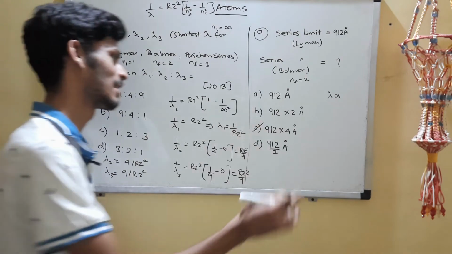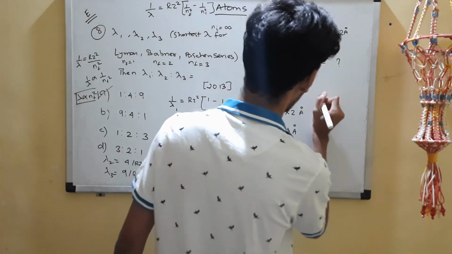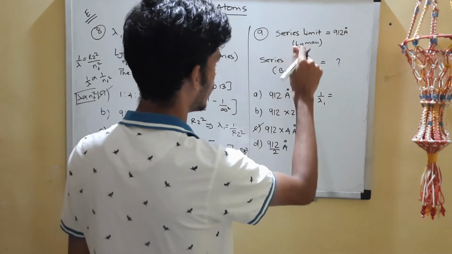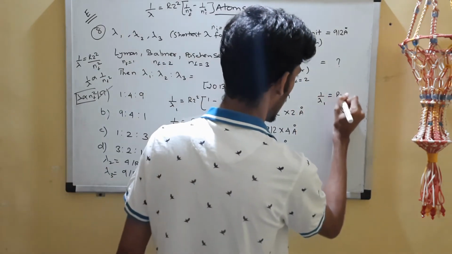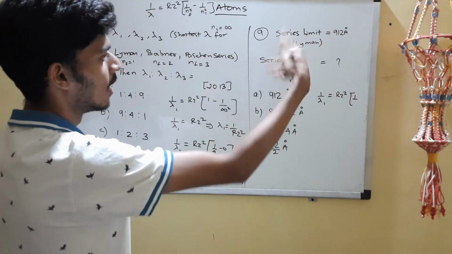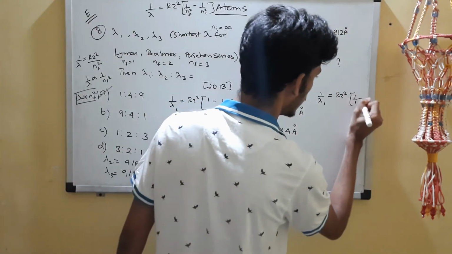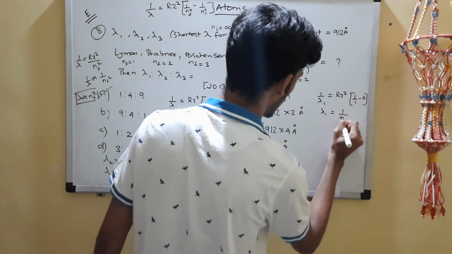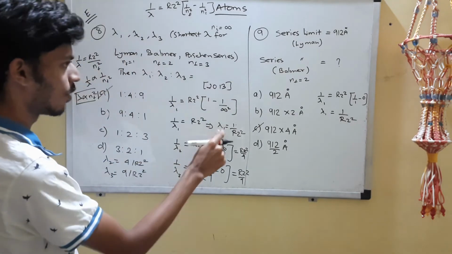For those who are scratching their head, let's do it again. So 1 by lambda 1, we'll say the series limit for this one, is Rz square into 1 upon, for Lyman series n final is 1, 1 upon 1 square minus 0. So you get lambda 1 is 1 by Rz square, basically the same thing that we got over here.